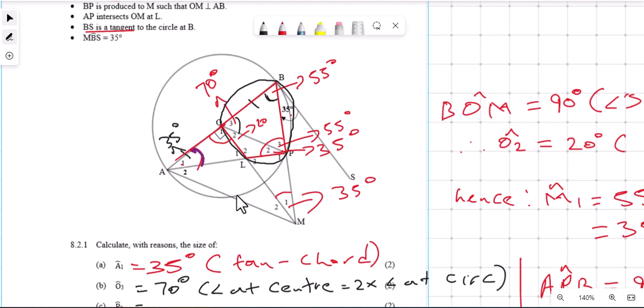It's pretty obvious. Wait, let me see something. Can I remove the extra markings? No, don't remove them yet.